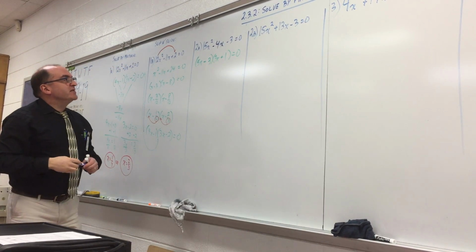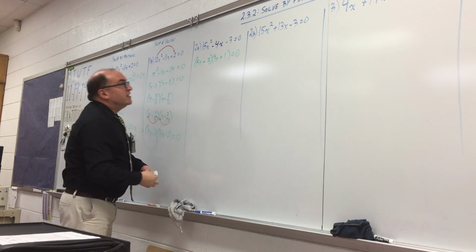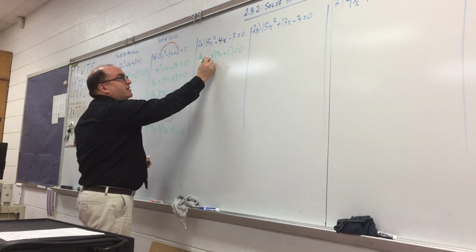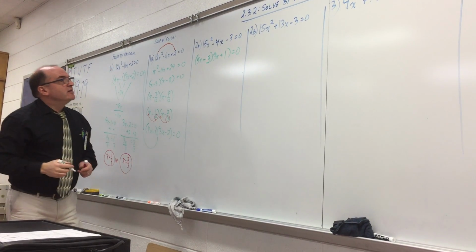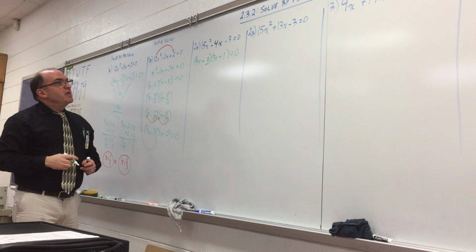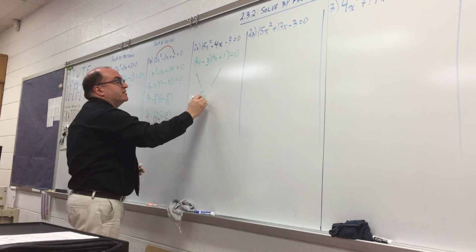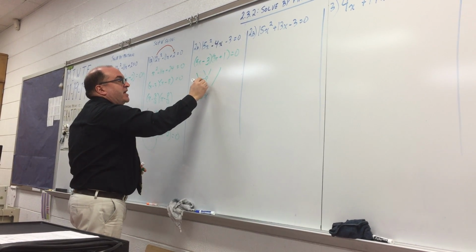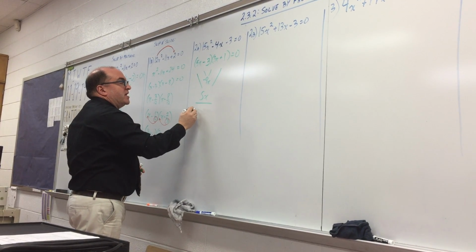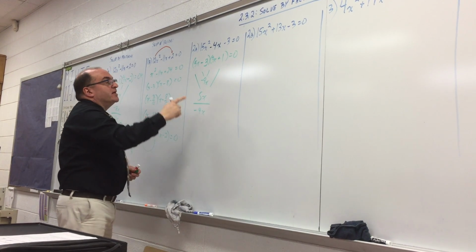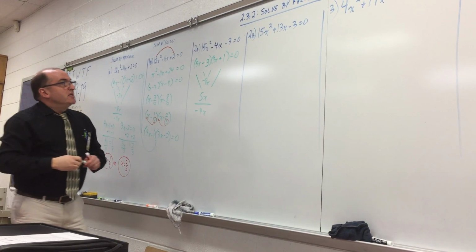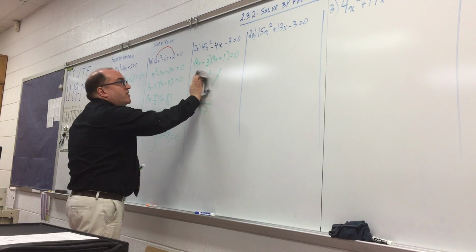Okay, 15x squared minus 4x. So 5x minus 9x gives me negative 4x, okay? So that works.